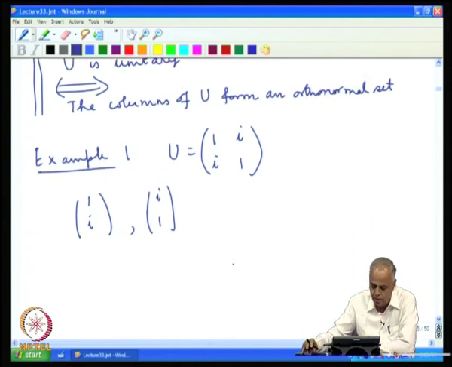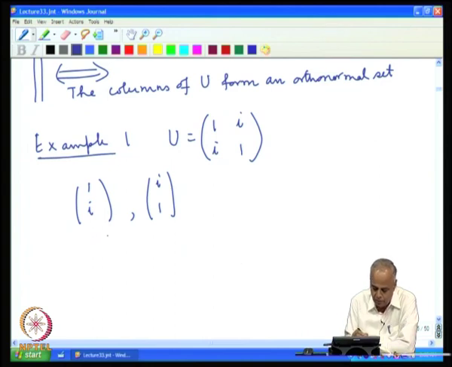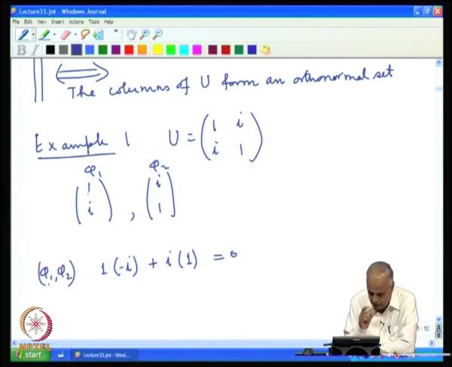If you look at their dot product, we have the first component times the conjugate of the first component of the second vector plus the second component of the first vector times the conjugate of the second component, and that is equal to 0. So, phi 1 comma phi 2 is equal to 0.